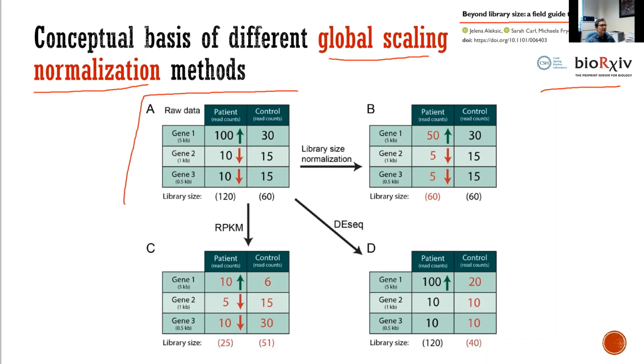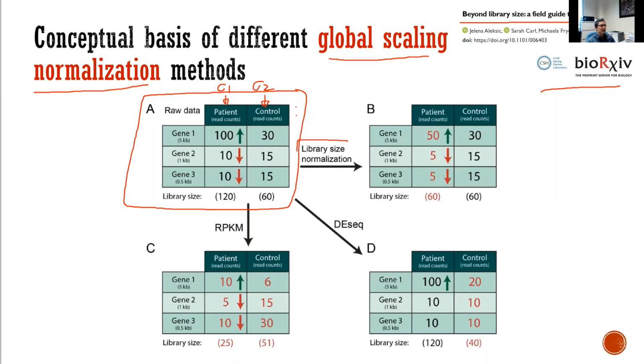So we have a raw data matrix. In this example, the two samples are one from a patient, one from a control. So this is a traditional RNA-seq comparison. There are two samples. You can think about this as single cell 1 and cell 2. In single cell RNA-seq, you just have many different samples, but the principle is the same. We have different ways to do normalization.